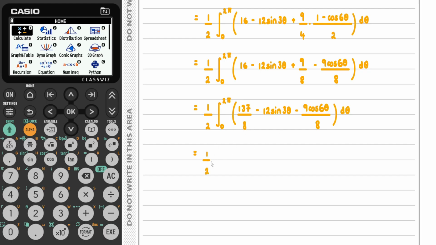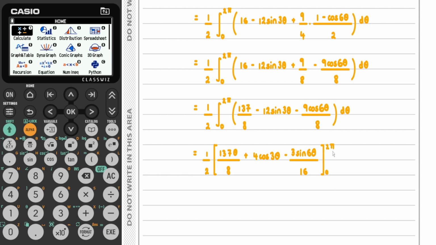So let's evaluate this. I've got the 1 half, and if I integrate 137 over 8, I get 137 theta over 8. If I integrate negative 12 sine 3 theta, I end up with 4 cos 3 theta. If I integrate negative 9 cos 6 theta over 8, I end up with negative 3 sine 6 theta over 16.